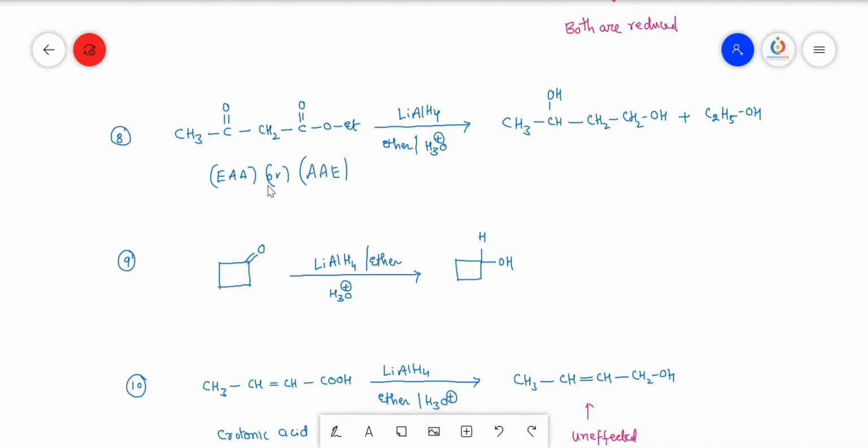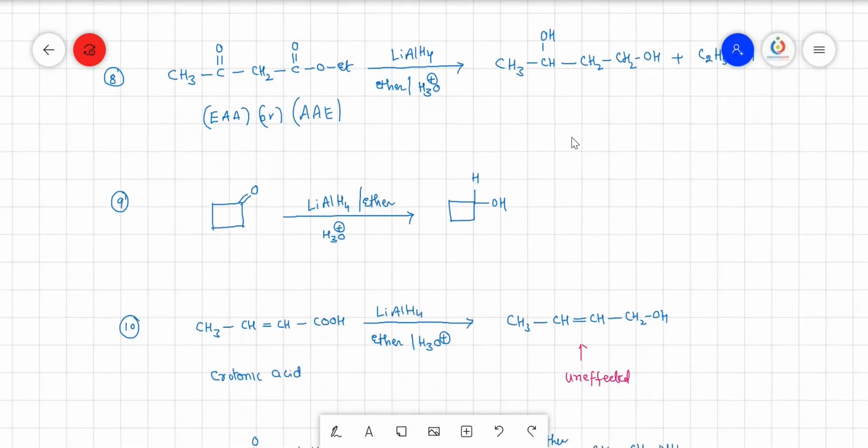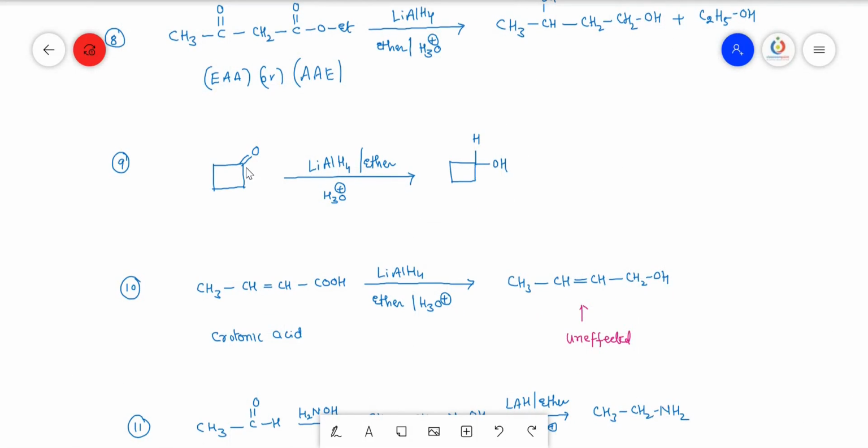Now let us take ethyl acetate or acetic ester. When you use lithium aluminum hydride, it reduces the keto group to the secondary alcohol, the ester group, this particular part, to the primary alcohol, and this will go to another alcohol. Now that is the cyclobutanone. This reaction is so fast. The reason here is that the bond angle of this sp2 carbon must be 120 degrees, but actually its bond angle is 90 degrees, so the molecule is unstable.